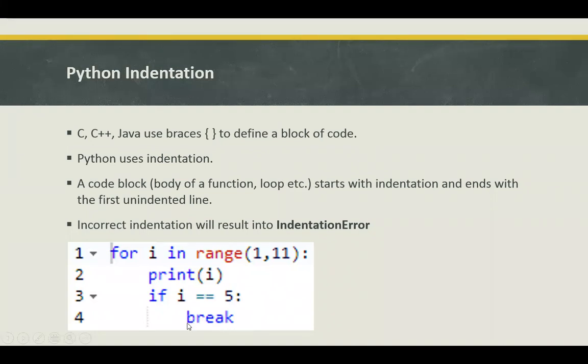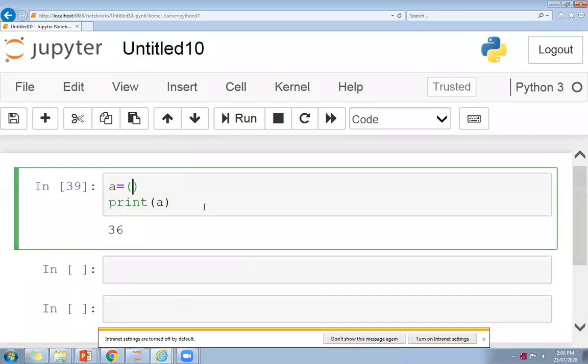If you remove this space, automatically this block is terminated here for the new statement. If you write your new statement here, automatically this block will be terminated. This is very simple. Okay, so you have to practice this so that you can properly understand.